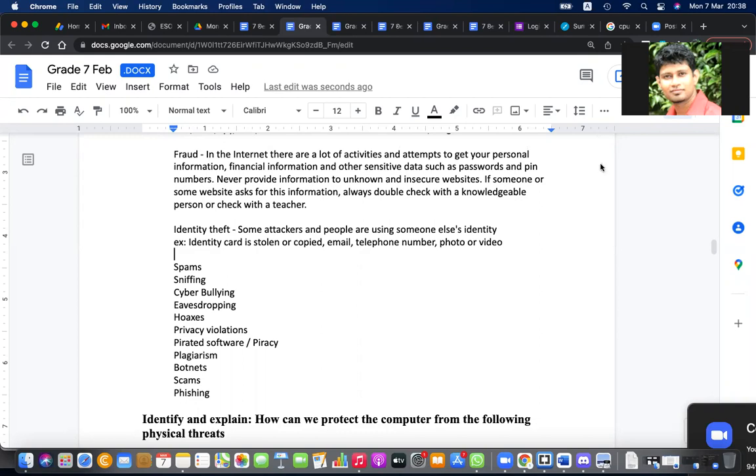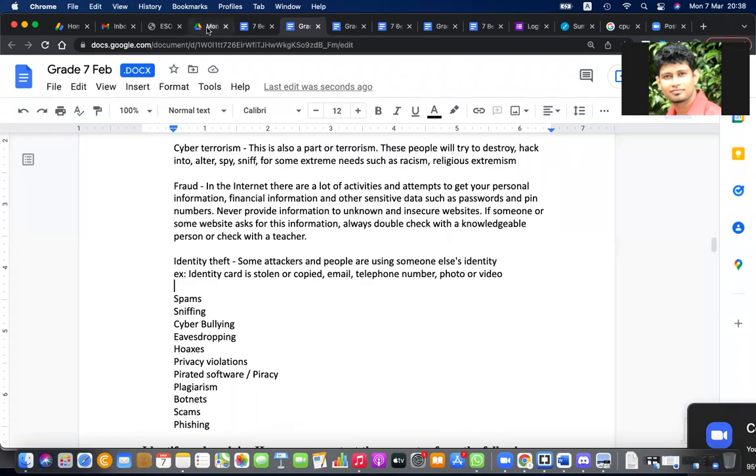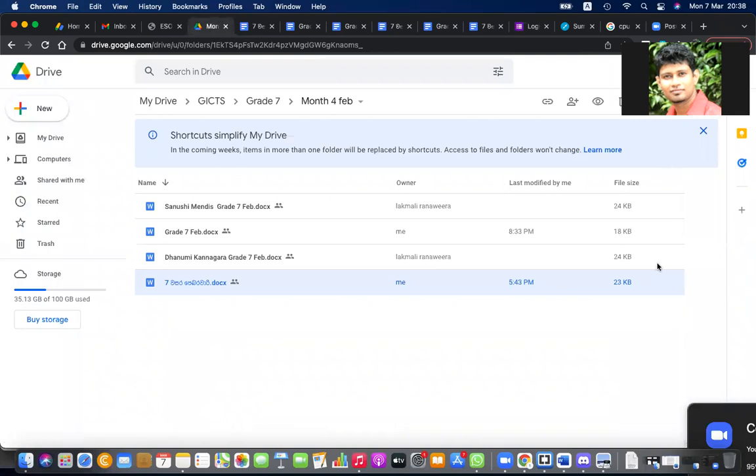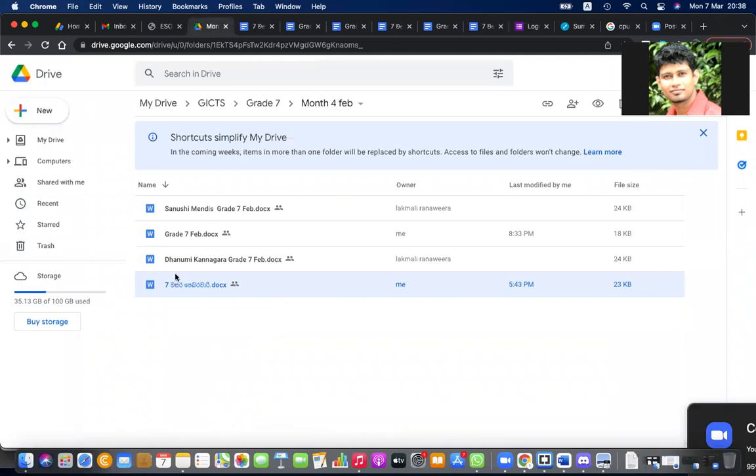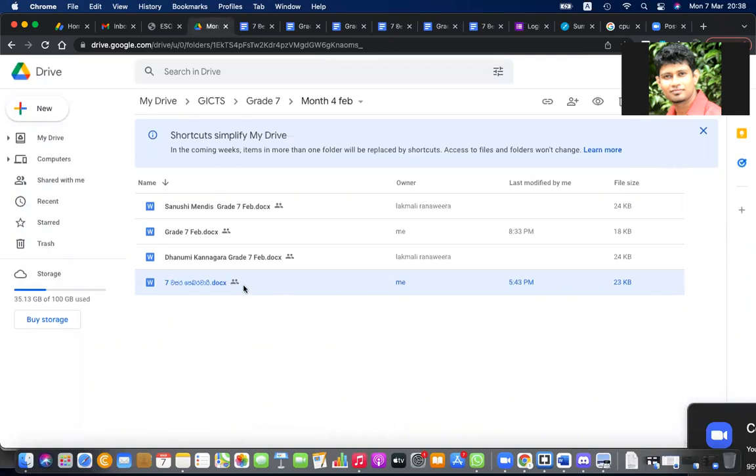I can send my note, but that is not your note, Vidun. I can send my note, but it doesn't help you. Because this copy belongs to me. You can see this copy belongs to me, and there are two notes to be sent, Sanushi's and Danumi's. They haven't been sent, I don't know why. Maybe they are not coming to the classes.